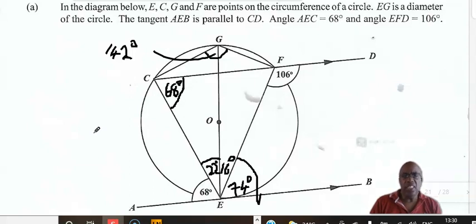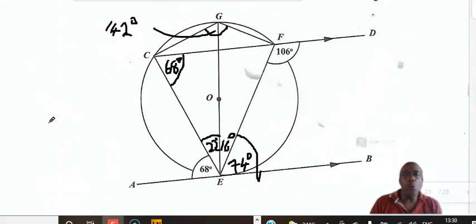However, I do see a problem in the sum. Remember I told you you have more than one way to do a sum. There is another rule in geometry that says the angle between a tangent and a chord. So look at the tangent BE and the chord EF, which is 74 degrees.